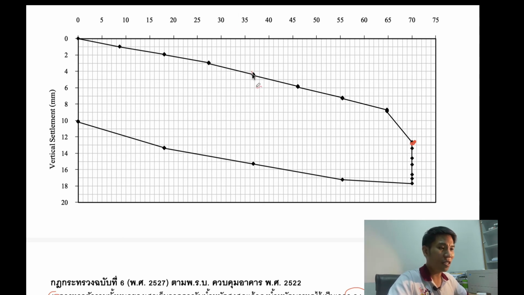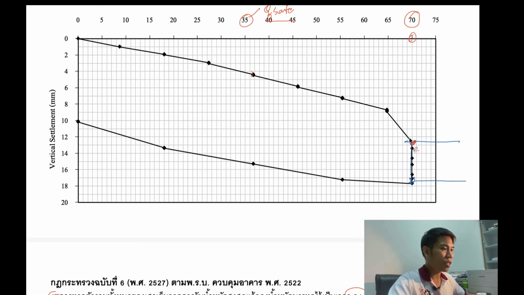According to this, we increase the load up to 70 tons, which means Q safe is here, about 35 tons. And up to this level, I maintain the load for about 24 hours. There is still some settlement.